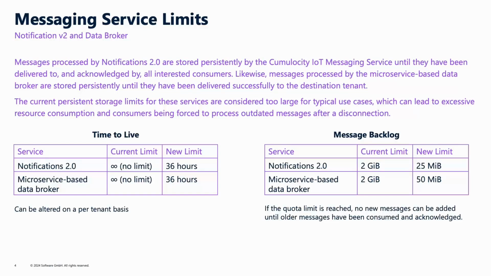This is really to ensure that, if the time to live isn't limiting appropriately, the backlog will. And if you reach your quota on this, then no new messages will be added until older messages are consumed. If you feel that these limits are not appropriate for you, then please contact us. They are configurable, and we can change them once we understand your use case.